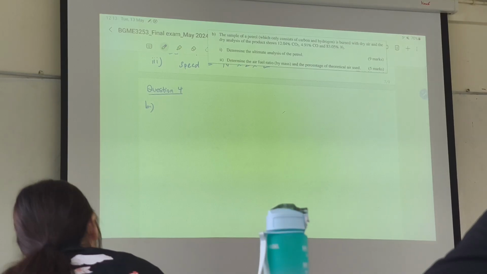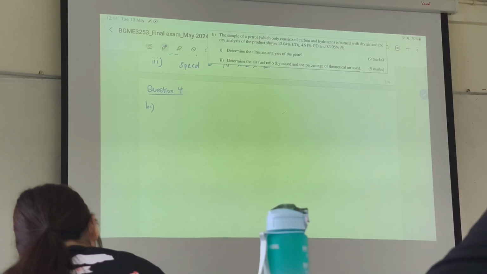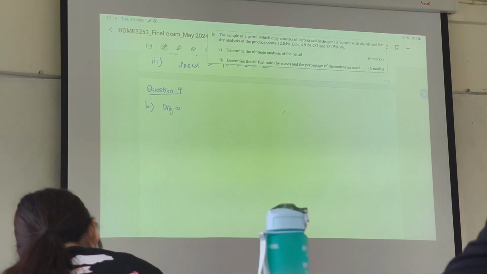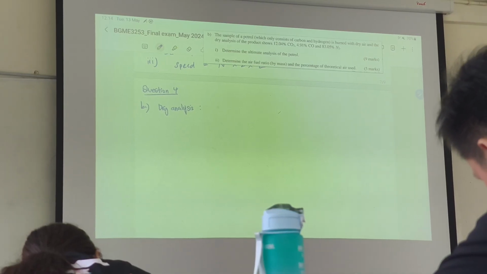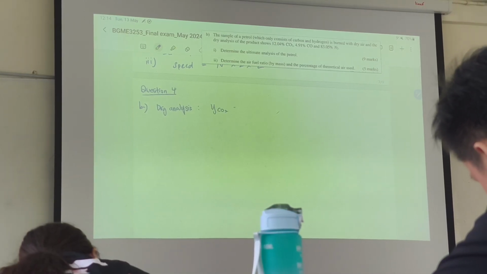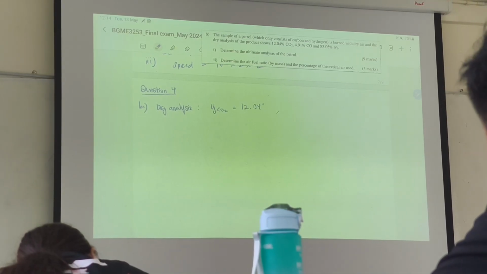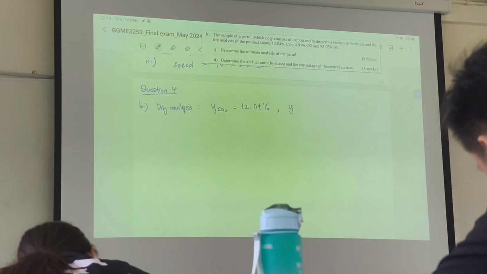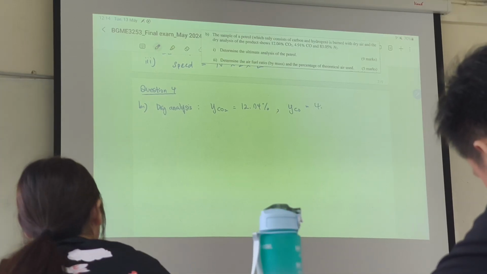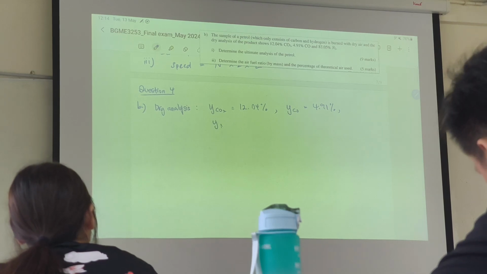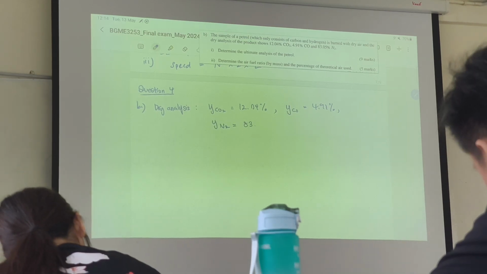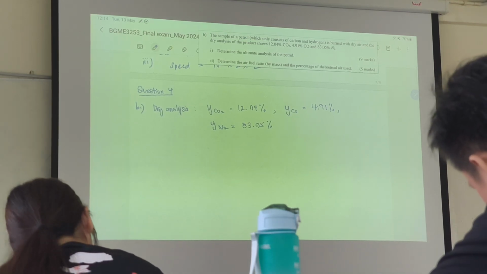So this is a question where we flip it, where you are given the product. So dry analysis, we have Y CO2 12.04%, Y CO 4.91%, and Y N2 83.05%.